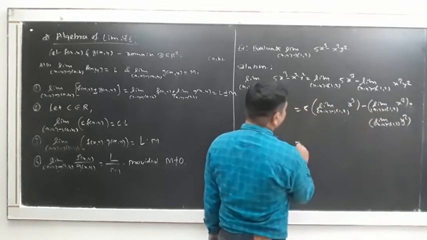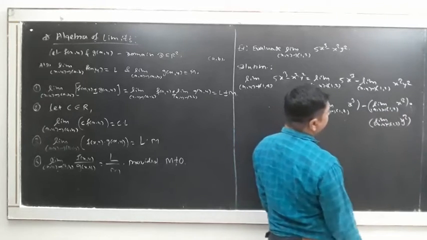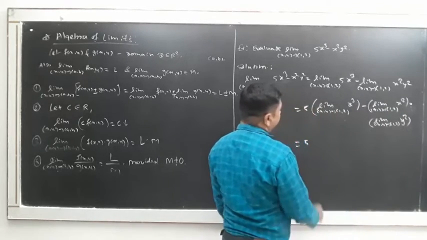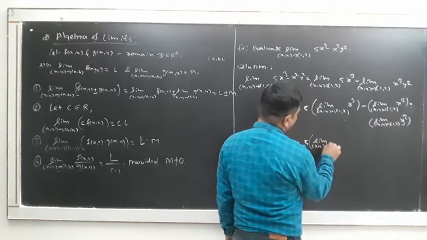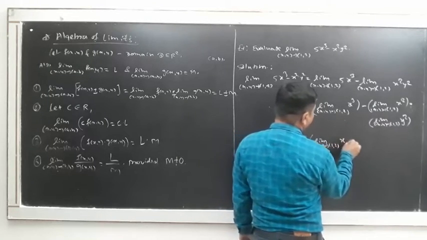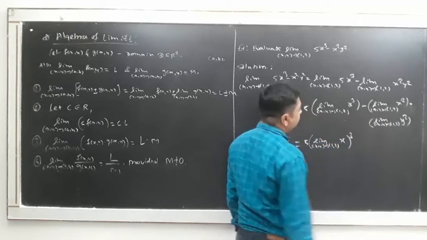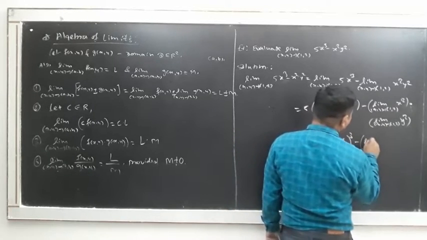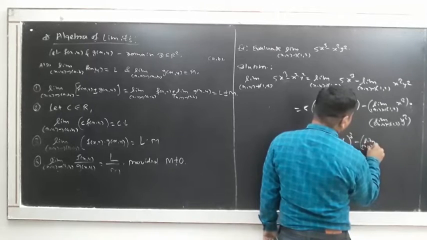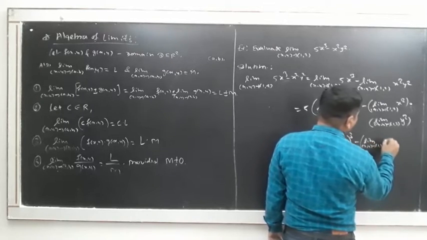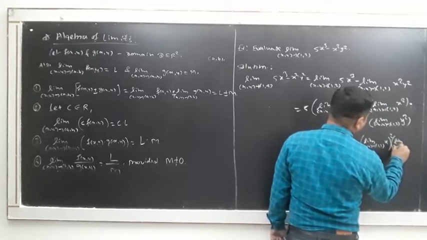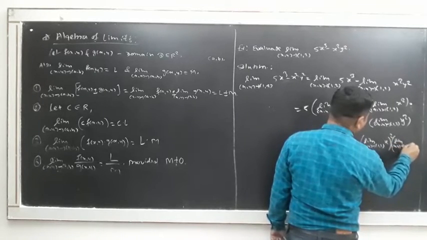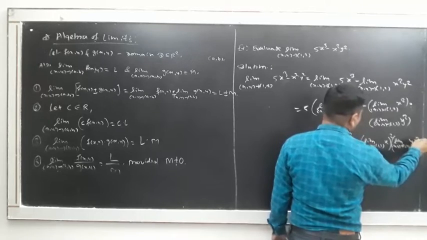We can take the power outside, minus, again we can write limit xy tends to 1, 2, of x raised to 2 into limit xy tends to 1, 2, of y square.